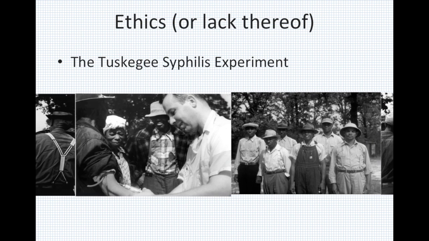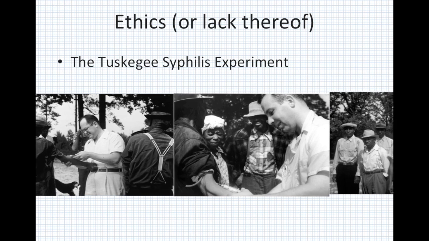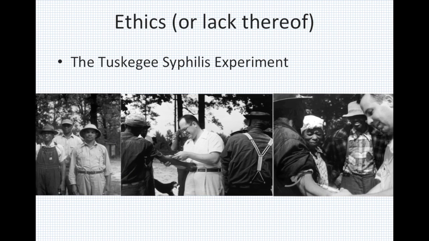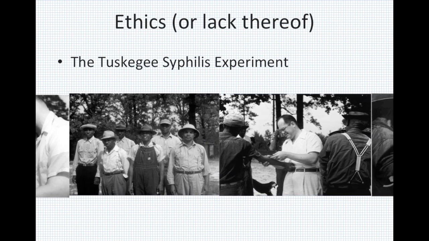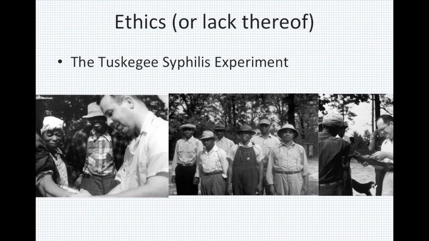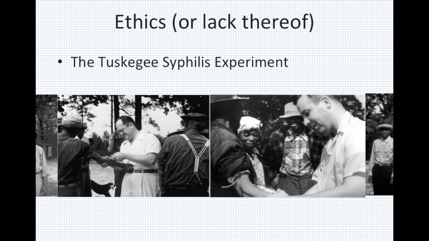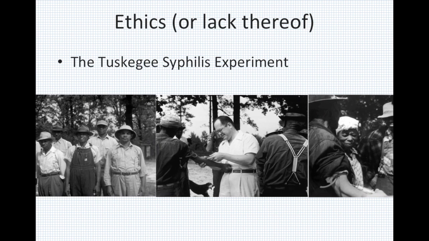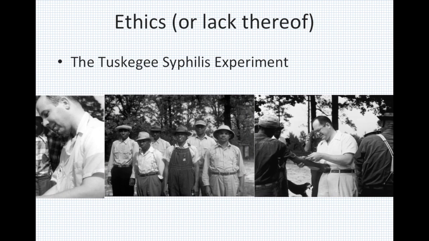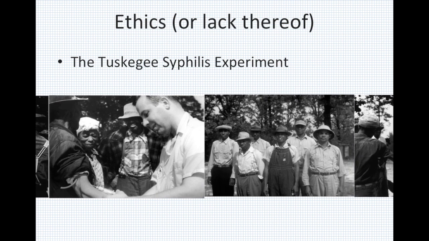A group of Black men with syphilis were included in a study of investigators who were aiming to look at the lifetime effects of untreated syphilis. So they wanted to look at untreated syphilis over a long period of time.